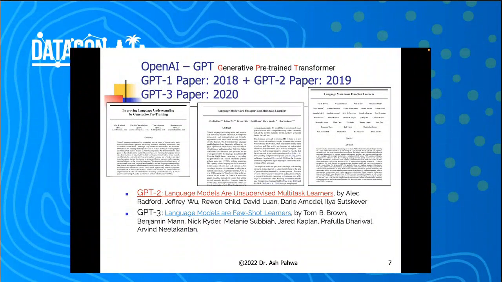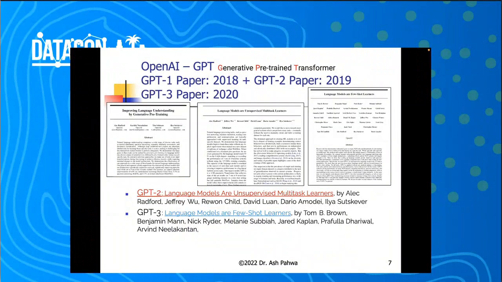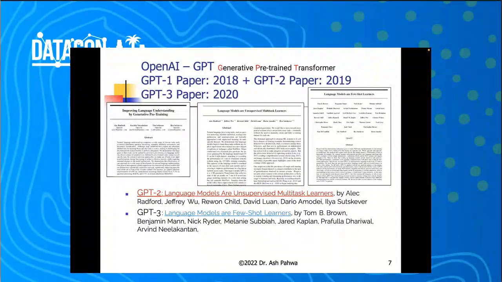Suppose you want to generate a news story, you just give it a few words, and it will generate a news story for you. That's amazing. But of course, some human has to check whether that news story is correct or not, or how accurate it is. But yeah, the system has the ability to generate text and poetry.